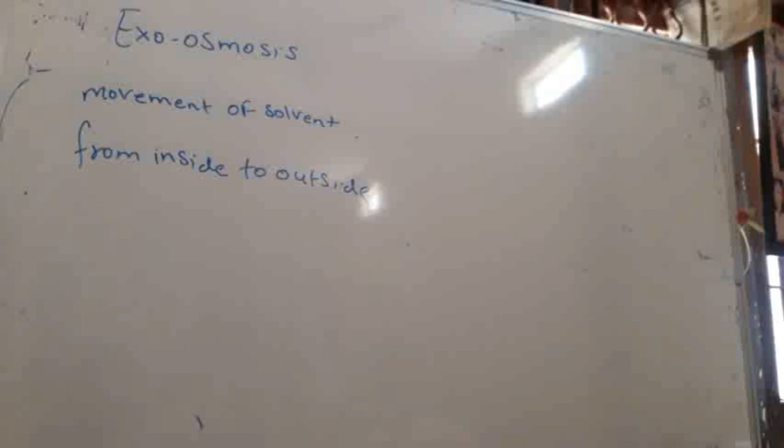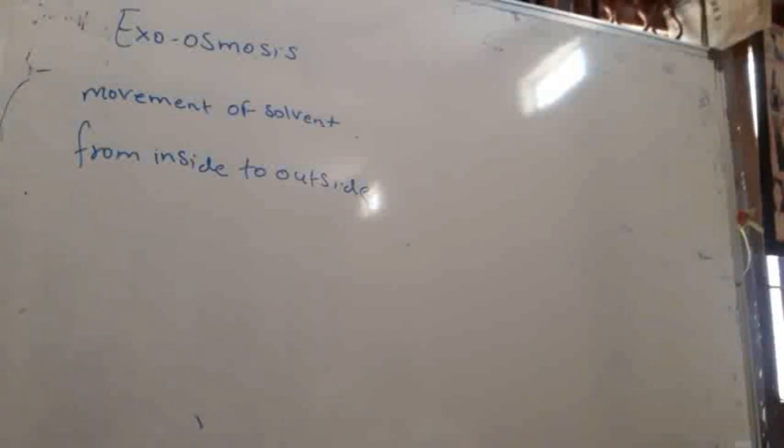Now in endoosmosis we have seen that water is moving inside the cell from outside, and the cell gets swollen up and then bursts. In exoosmosis, the solvent will come out of the cell.